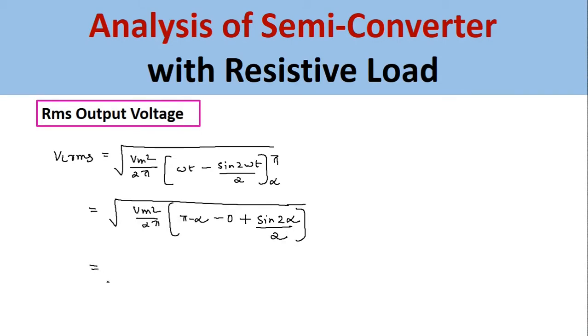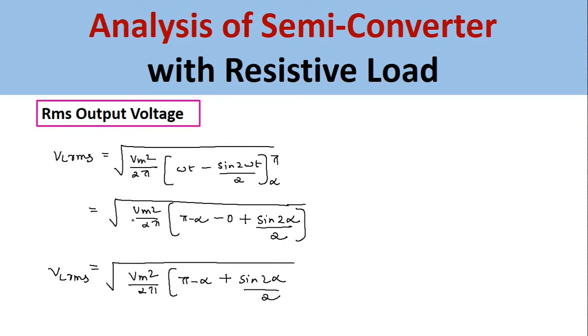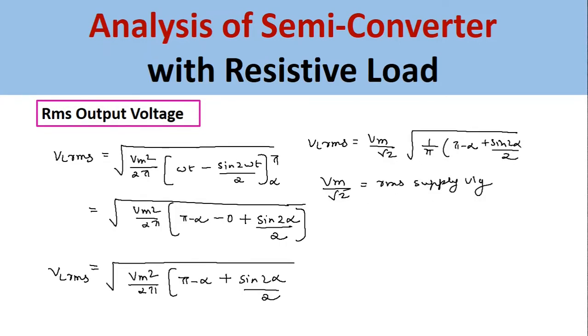Now from this equation we will get √(Vm²/2π × (π − α + sin 2α/2)). So this is the equation of RMS output voltage. When we take Vm²/2 out of this square root, we will get VLRMS equal to Vm/√2 times √(1/π × (π − α + sin 2α/2)). This Vm/√2 is equal to the RMS supply voltage, which is represented by VSRMS.